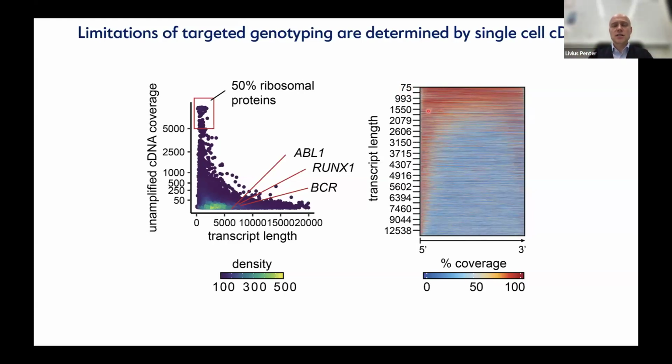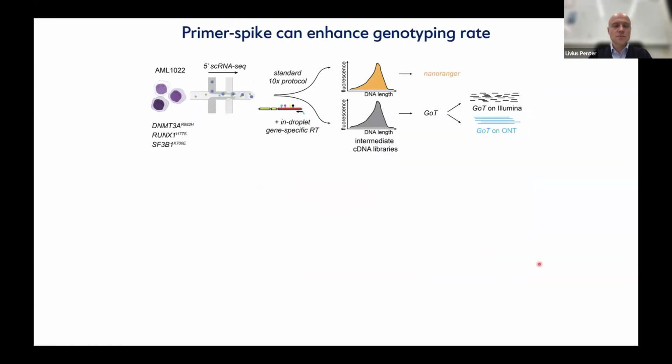If you have a longer transcript, at some point you start to only get either the 5' or the 3' end, and you are unable to get any coverage from the middle of the transcript. And if you're trying to genotype something that's very long, you can actually only get a small portion at the 5' end. So I think this is an important limitation of NanoRanger.